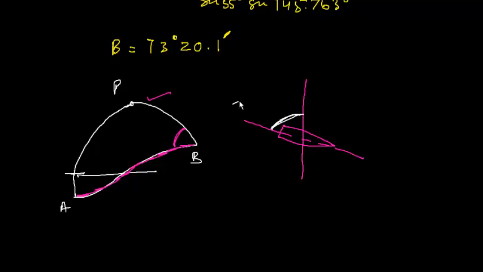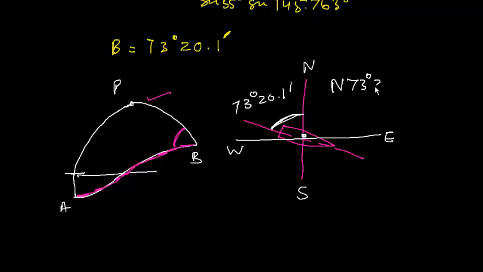So the angle obtained is this angle, which is 73 degrees 20.1 minutes. Now this is north, this is south. Well, we can mark east and west also. So this course is now north 73 degrees 20.1 minutes west, because we are taking from this, but this is wrong. The final course is I am interested in this one.